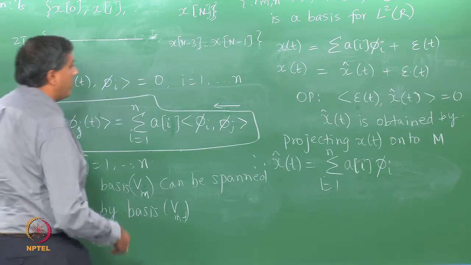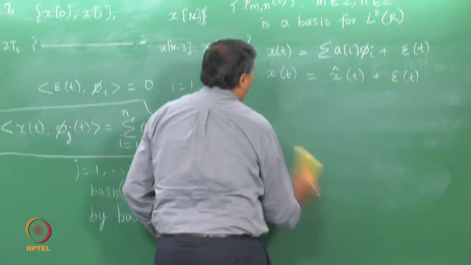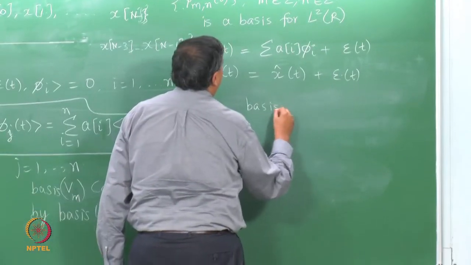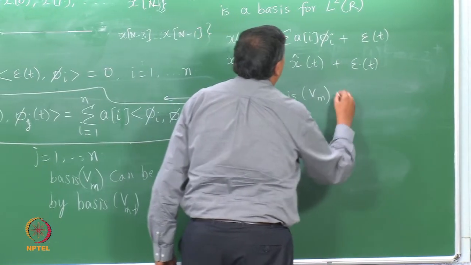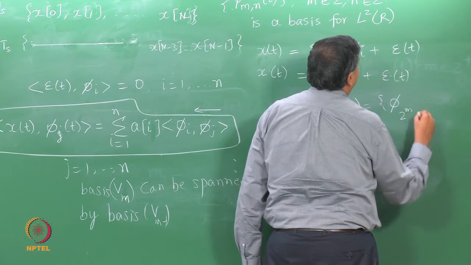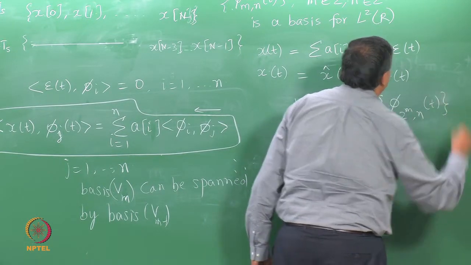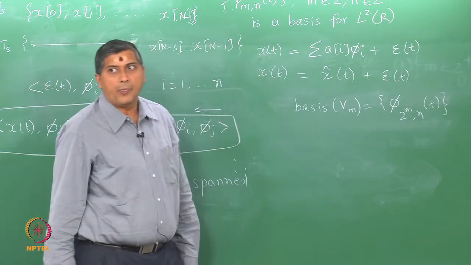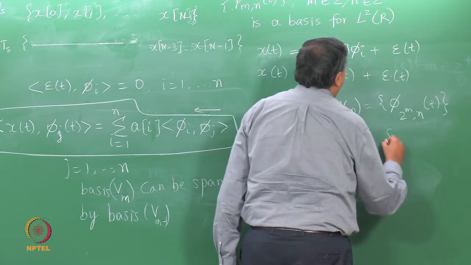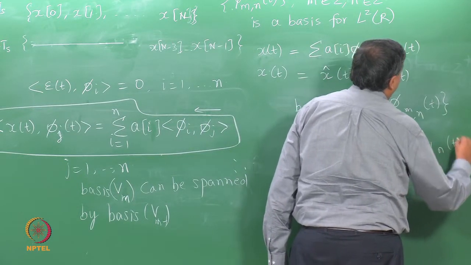So, what is the basis for the subspace Vm? It is nothing but phi 2 power m n of t, and the basis for Vm minus 1 are phi 2 power m minus 1 n of t.